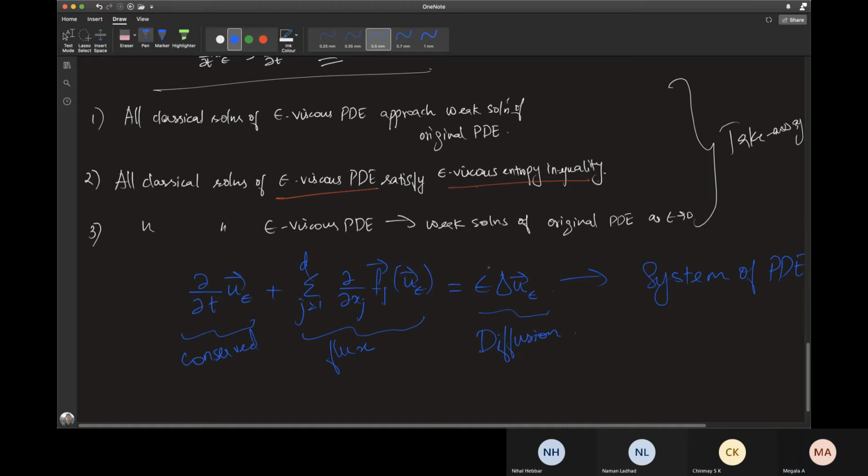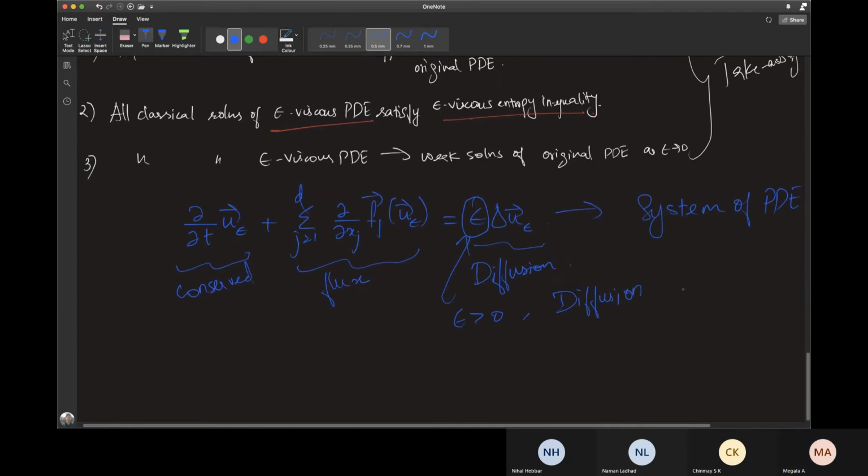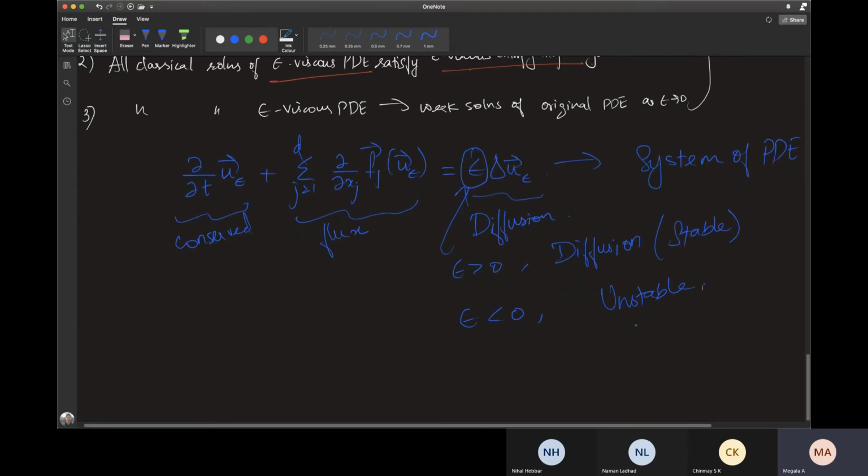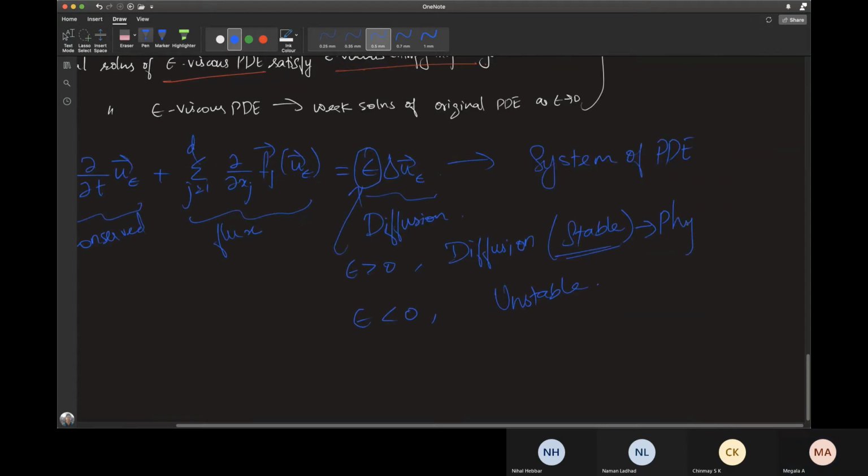So usually if epsilon is greater than 0, you have proper diffusion. The solutions won't blow up. The system is stable. If your epsilon is negative, no diffusion. Negative diffusion will result in instability. So we consider this to be physical and this to be non-physical.